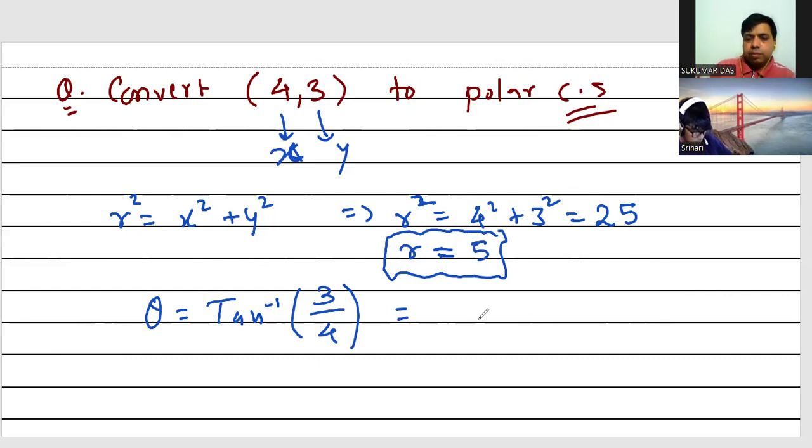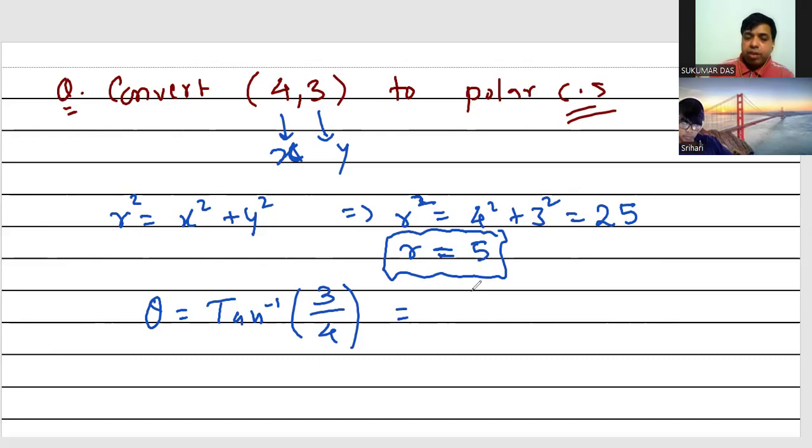I got 0.635. You need to change it to degrees. You are telling me in radians. You just convert that one to degrees. Just check it, it's the pi over 180 thing.